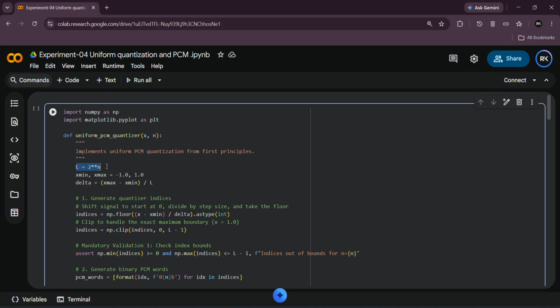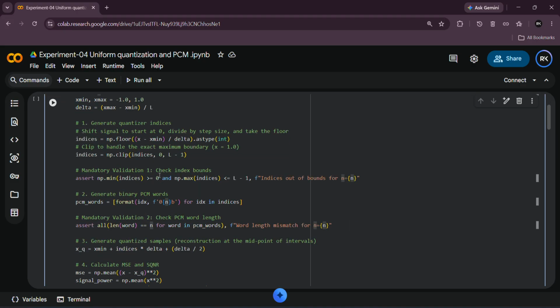For example, with 3 bits, we get 8 levels. Since our signal is normalized between -1 and +1, we divide that full range by L to get delta, the step size or the width of each quantization interval.